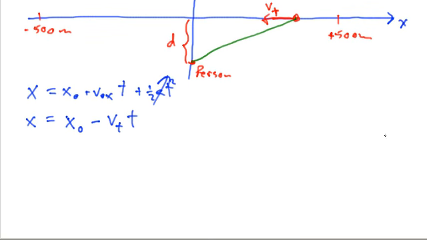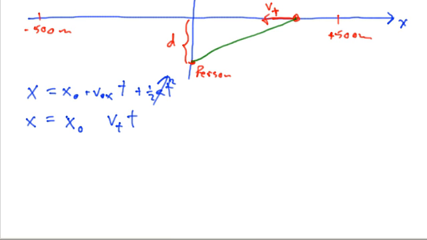I need the component of the velocity of the train in the toward-the-person direction. At a time between 0 and delta t, when the train is at position x, in my diagram I've got this green line.